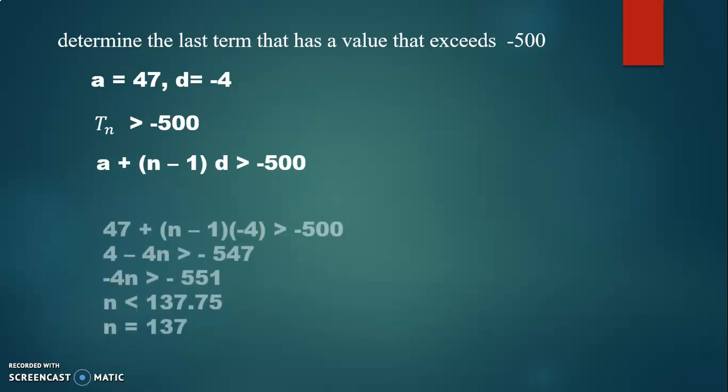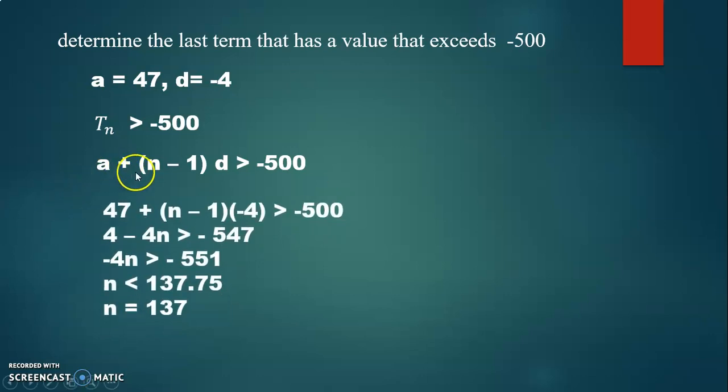Alright, replace a with 47, n minus 1 d. Okay, so 47 then minus... 要这个 47 搬过来, negative 547, negative 4n, and 4 minus minus plus. Alright, negative 4n. 你看这边左边 negative, 这个 4 搬过去也是 negative.